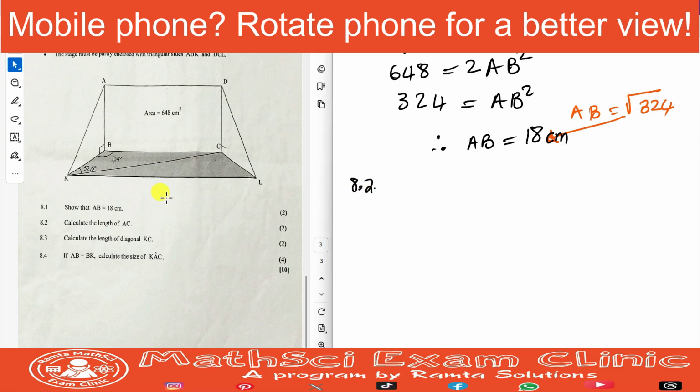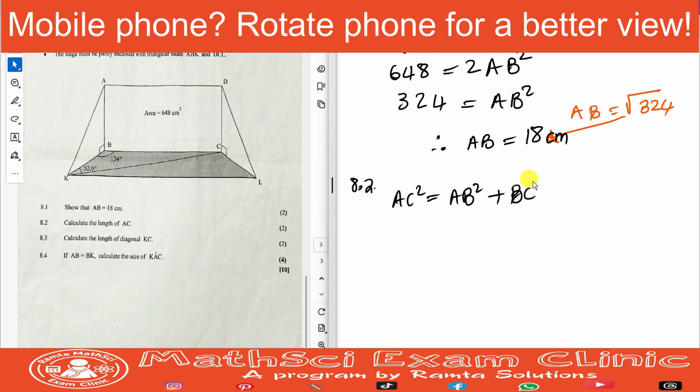8.2, calculate the length of AC. Where is AC? Good thing, you know what AB is, you know what BC is, and you are told to find AC. We'll use Pythagoras. Using Pythagoras theorem, easy peasy. AC squared equals AB squared plus BC squared.